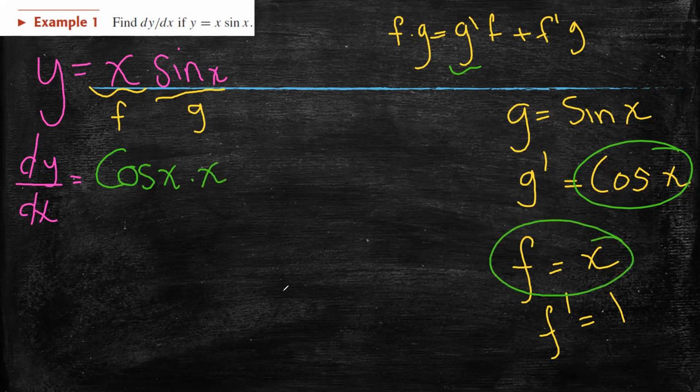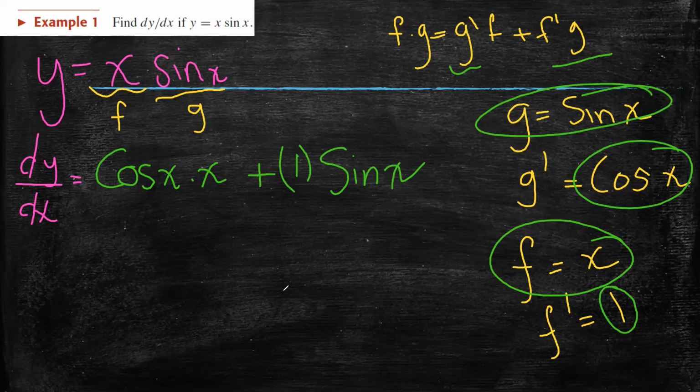Times x, plus f prime, which is 1, times g. Where's g? It is sine x.